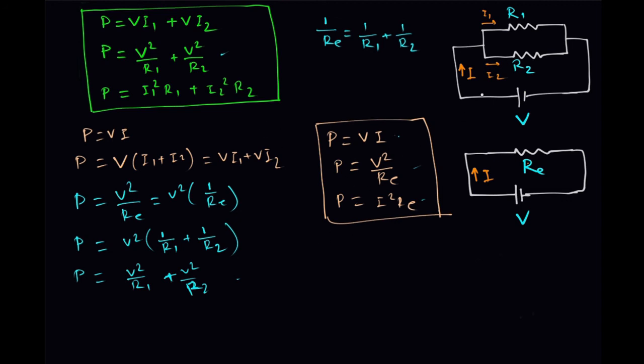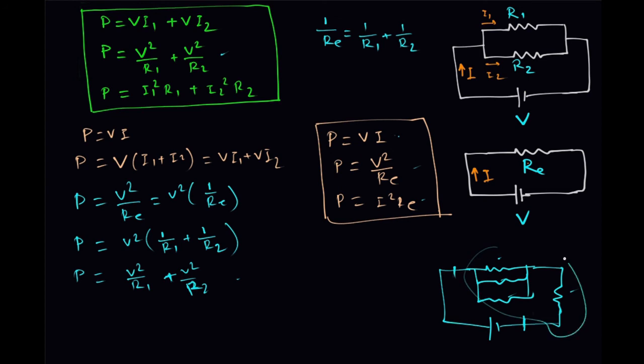This is applicable for any configuration of resistances. So the sum of the power consumed in all these resistances, you take the equivalent of these resistances, you find the equivalent, and you can directly apply this by calculating the equivalent resistance. That's all for now, and we'll discuss more next time.